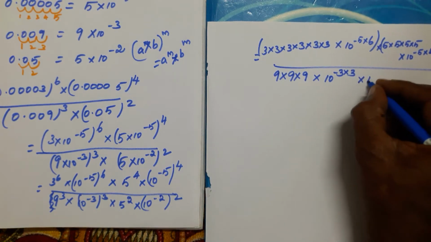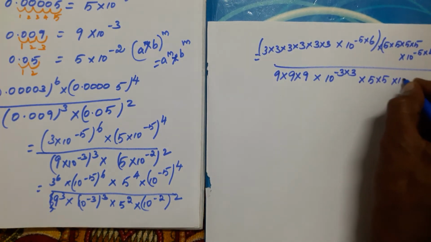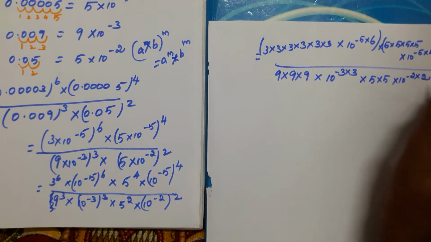Next 5 square is 5 into 5, into 10 power minus 2 into 2.